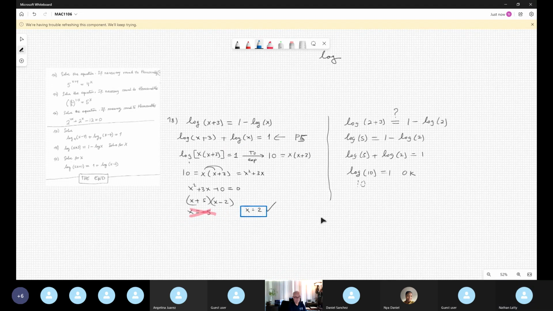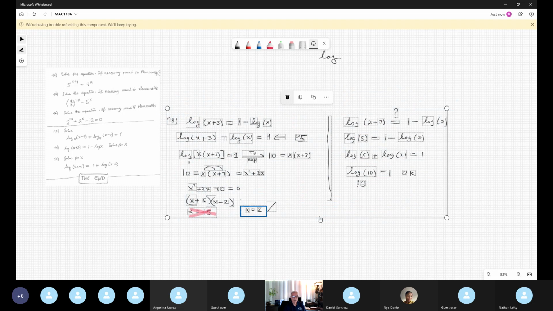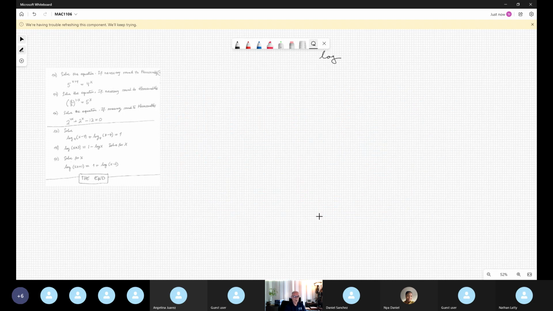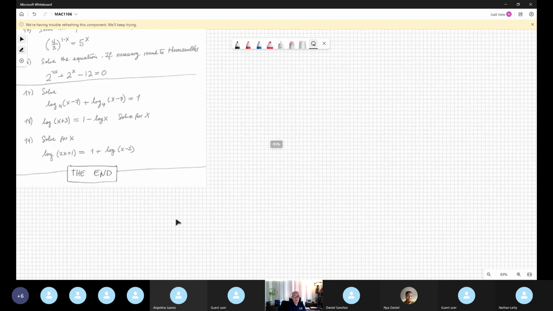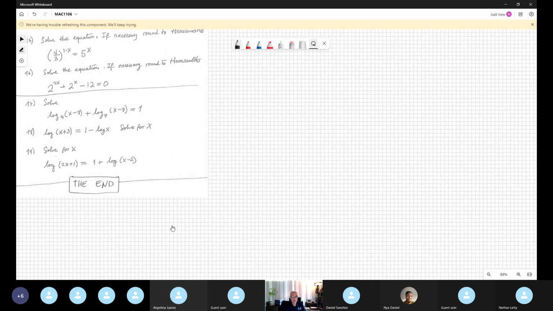Yeah. Let's do the last one. It's 19. 19 looks a little bit crazy. But let's try to do our best. Okay. This logarithmic 19.